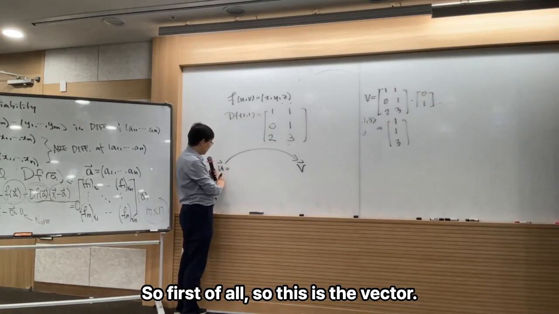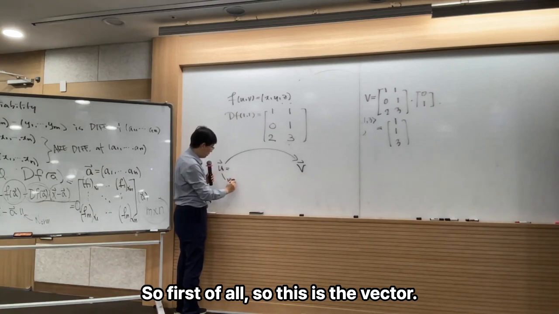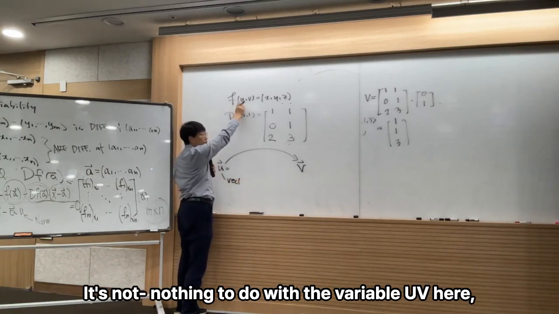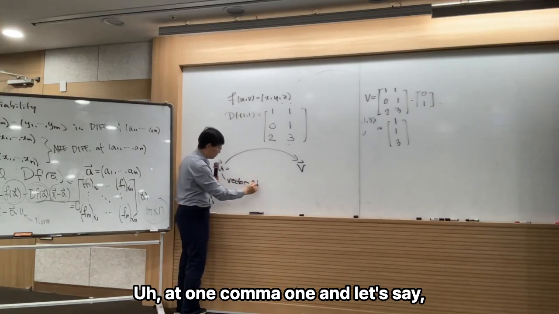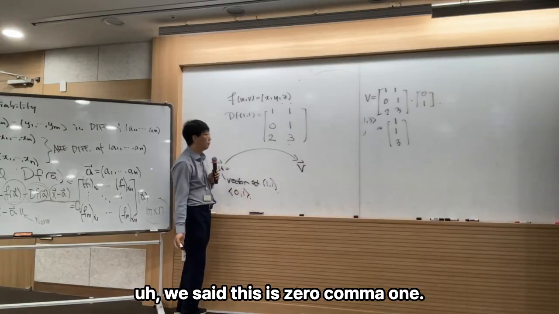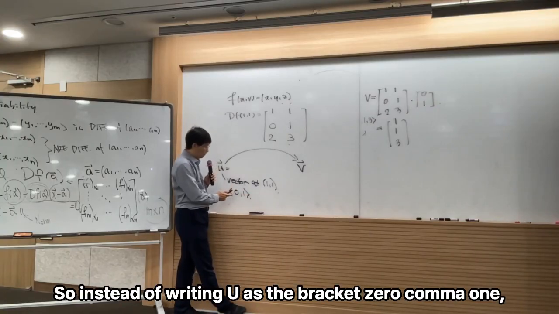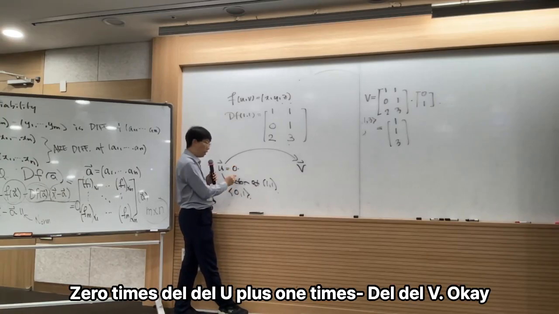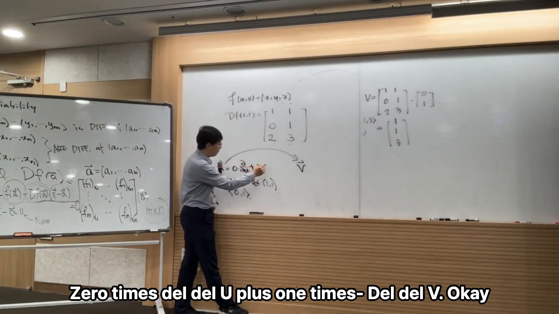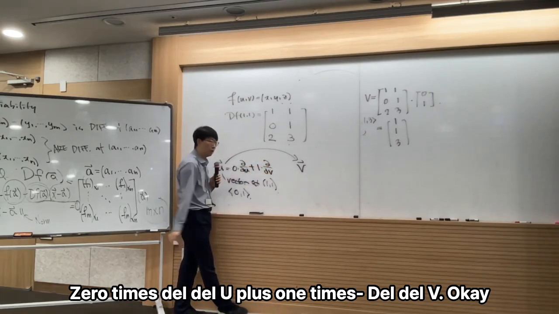So first of all, this is the vector. It's nothing to do with the variables u, v here, just the notation of a vector at 1, 1, and let's say we said this is 0, 1. Instead of writing u as the bracket 0, 1, I'm going to write it this way: 0 times del u plus 1 times del v.